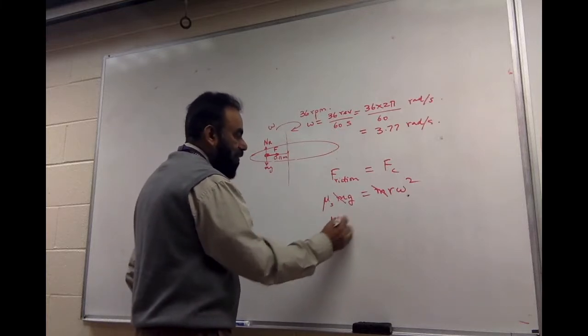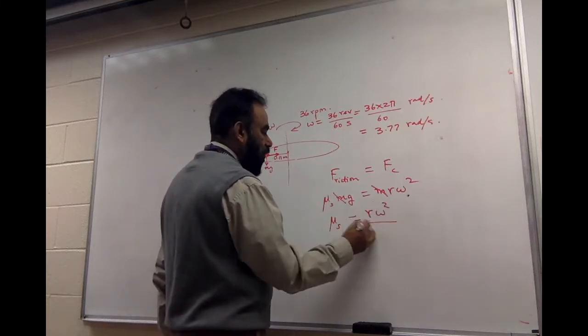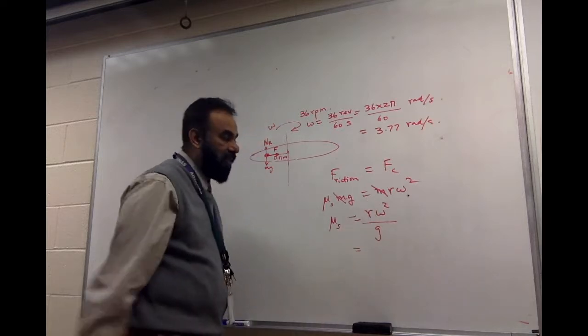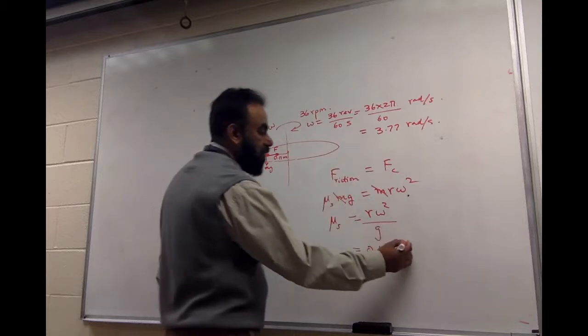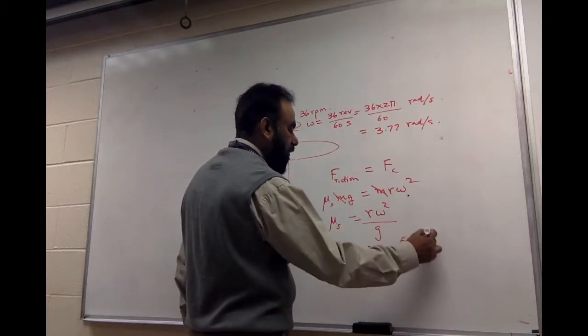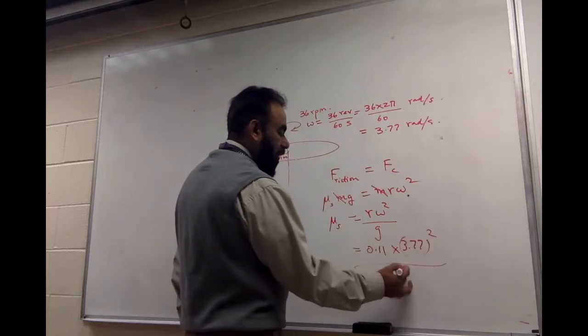So what is mu s? Is equal to r omega square over g. Now you can plug things in. R is 0.11. Omega square is 3.77 squared, over 9.81.